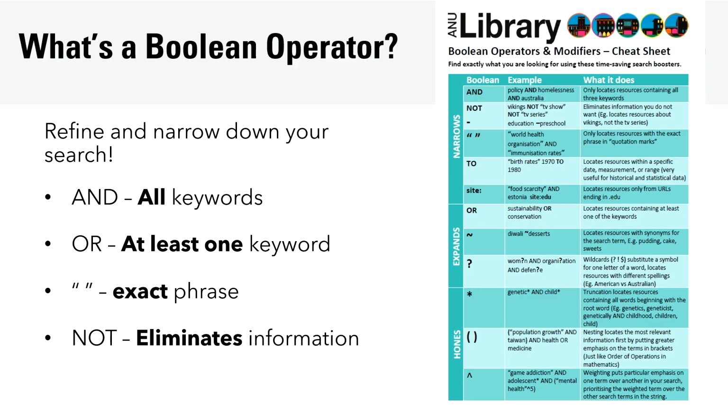When we used advanced search earlier, those different options we were selecting are just applying these Boolean operators automatically behind the scenes for us. This can be very helpful when using a search tool that doesn't have advanced search options, or even just to apply to your own Google searches. While there are quite a few of these, as you can see to the side, the four I want to focus on are and, or, quotations, and not.